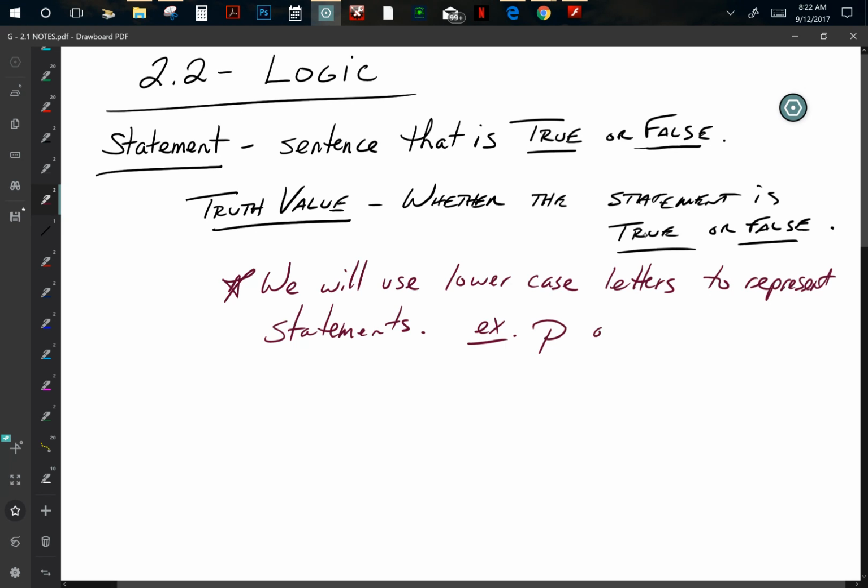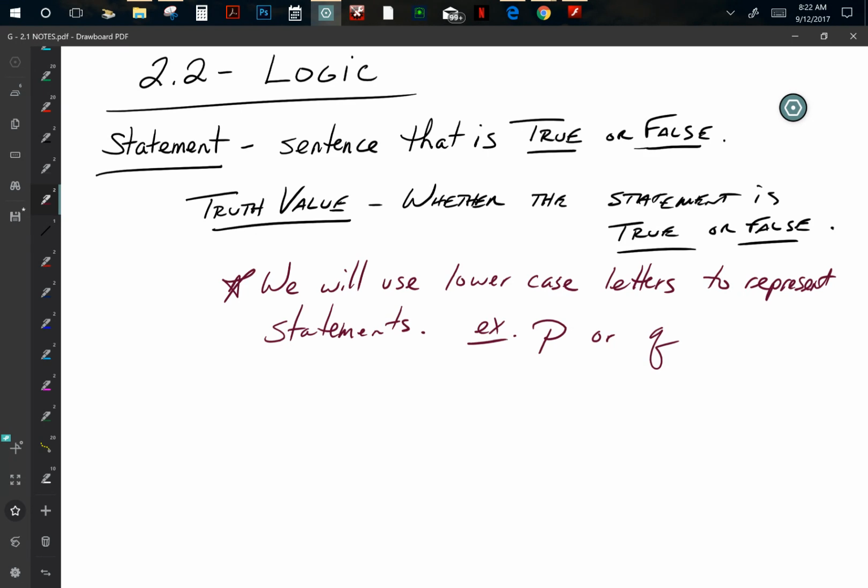We might use P or Q. For some reason, when mathematicians started writing books, the first one you always get is P or Q. And it makes sense, because what do we use lots of times for variables? X and Y, right? So they went with a different one for representing a statement, P or Q. And that's so we can talk about things generally without having to write a statement every time. Statement P or statement Q.